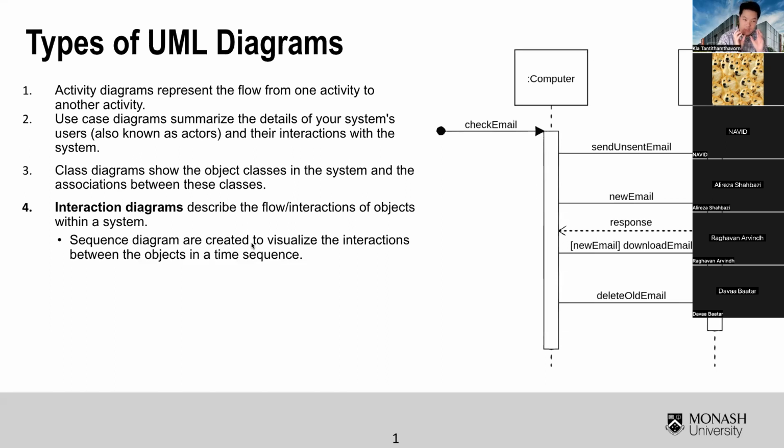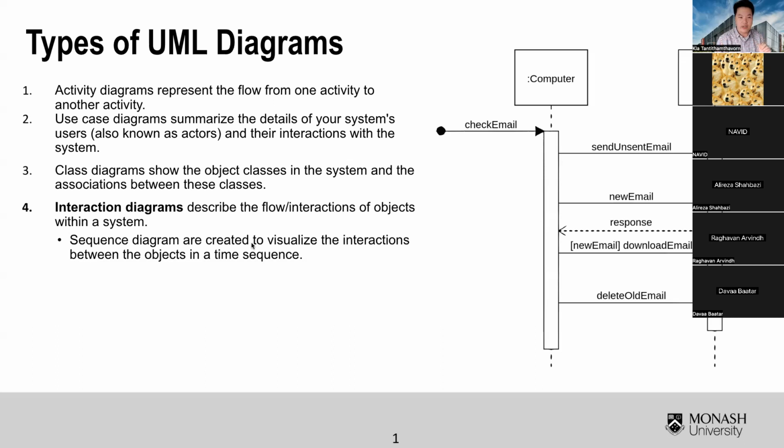Because we want the interaction diagrams to describe the flow or the interactions of the objects. We didn't talk about what those objects are. If we talk about the objects, that's the class diagram, which is the structural diagram. But the interaction diagrams here describe the flow, how things interact with each other.